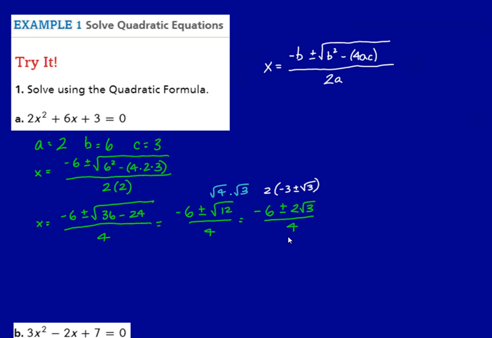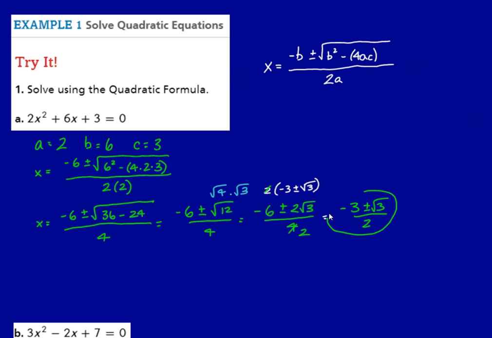And on the bottom, I can factor out a 2. This is 2 times 2. So really my final answer will be, this 2 will cancel down here and leave a 2. My final answer will be negative 3 plus or minus the square root of 3 over 2.